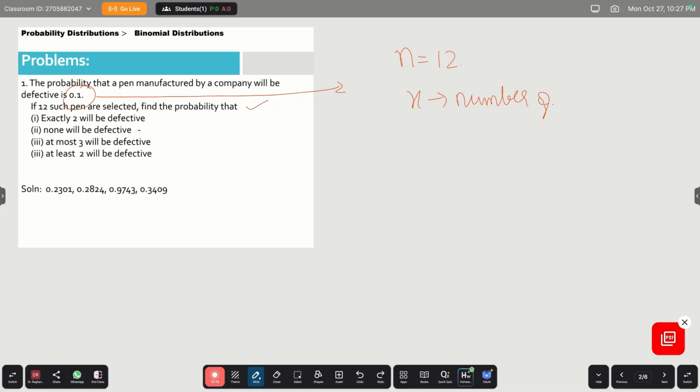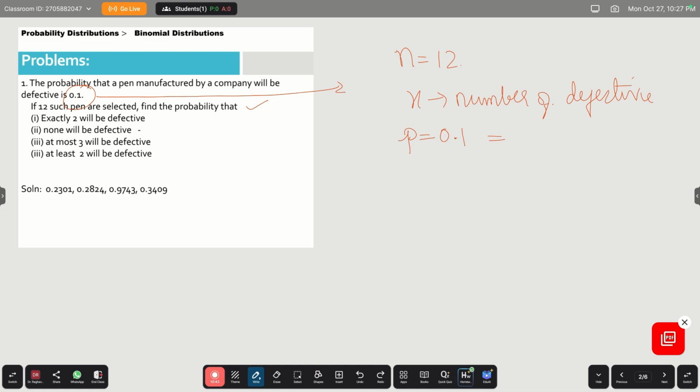So how many are defective out of these 12 pens? I have selected 12 pens, and my success is getting a defective pen. So n is 12 and x is the number of defective pens, and p is given as the probability of defective. If I select one pen, the probability that it is defective is 0.1.